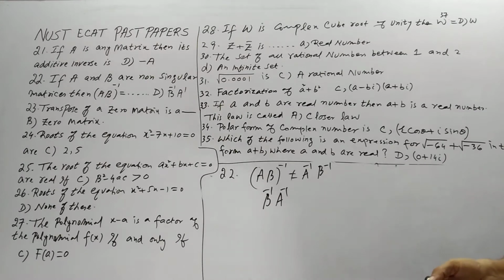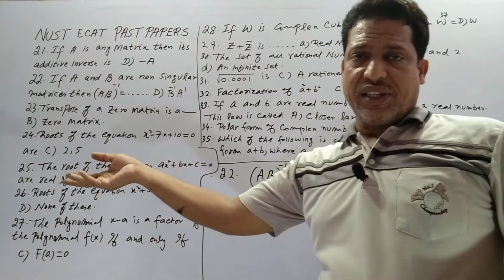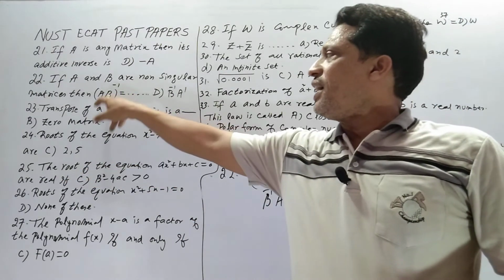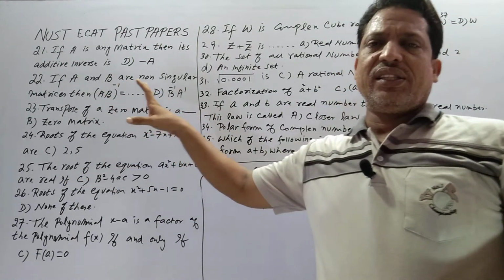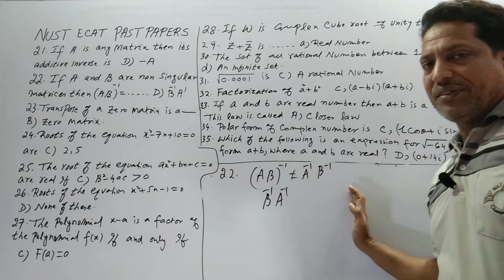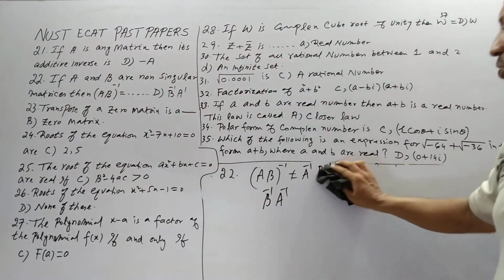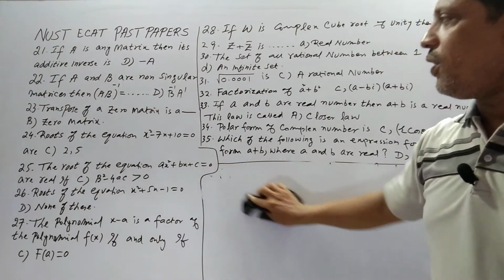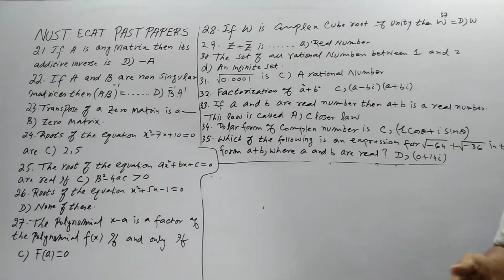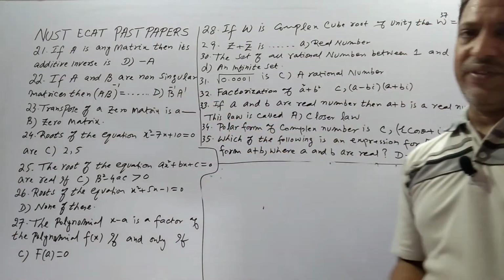Students, keep in mind that if you have 2 or 3 matrices and you find the inverse, you start from the last one. First you write B inverse, then A inverse. Hope you understand. So the correct option is D, B inverse A inverse.